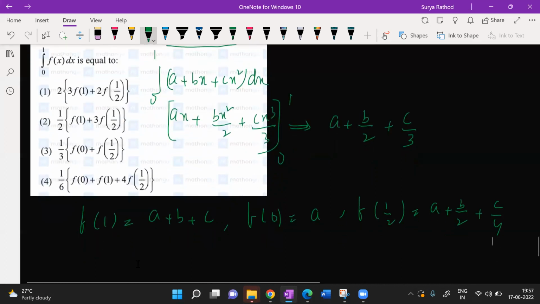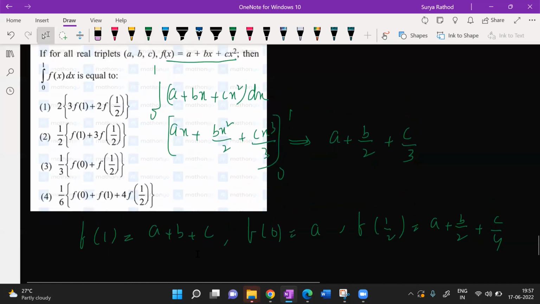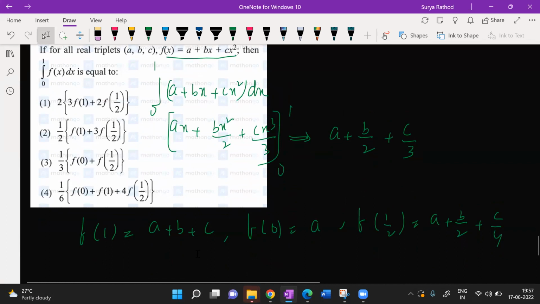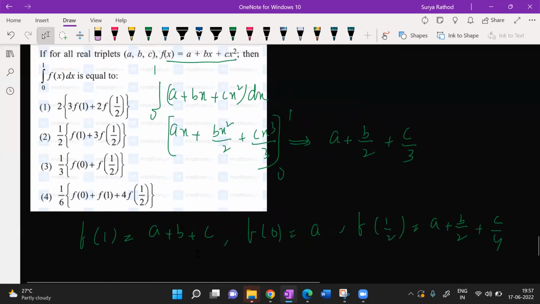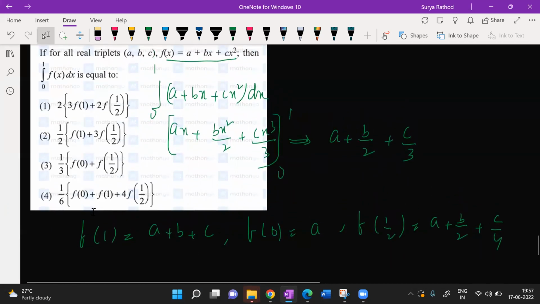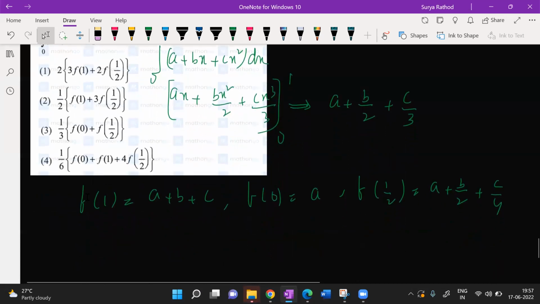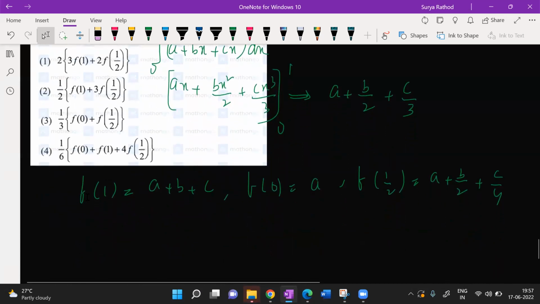Correct. So now what we need to do is check. Now look at it here, f of 1 by 6, f of 0.